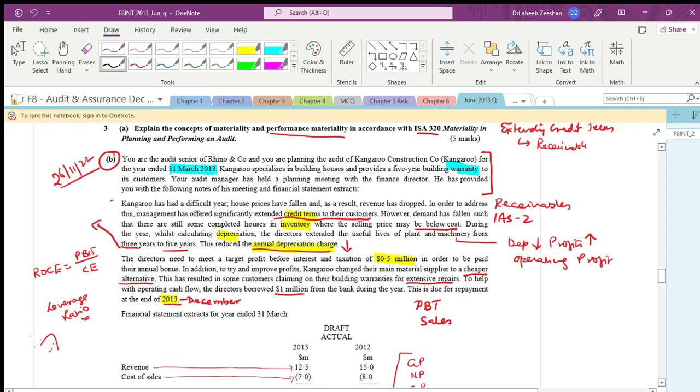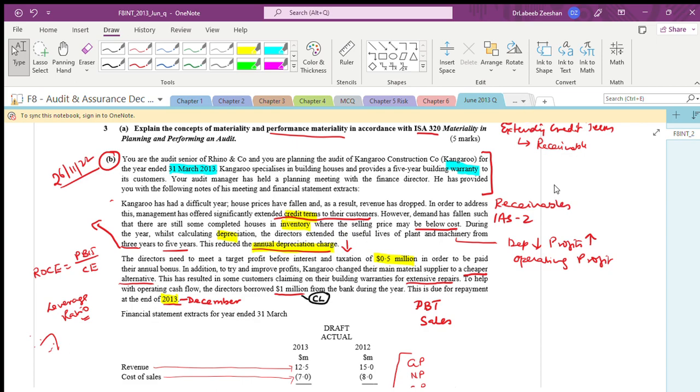When it is during the year, it has to be repaid, so this has to be a current liability. Here they have not mentioned anything. They only mentioned that 1 million has been borrowed from the bank during the year.